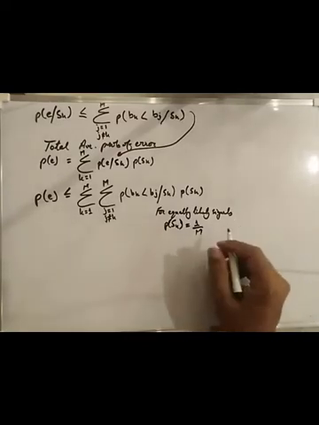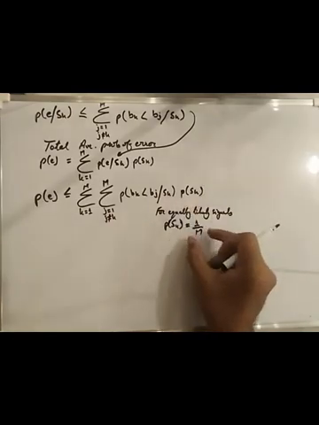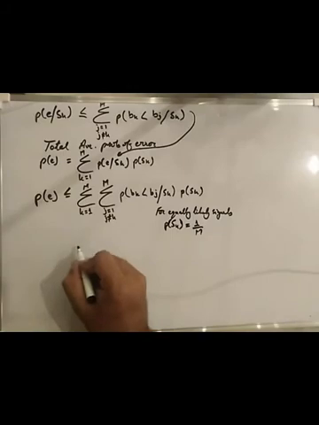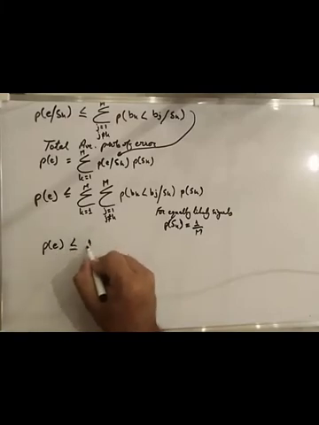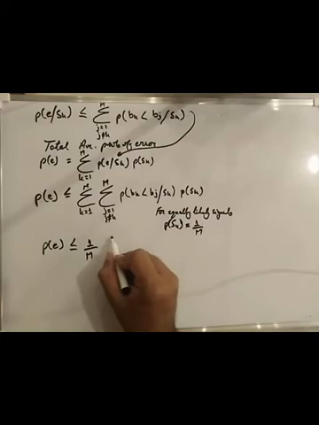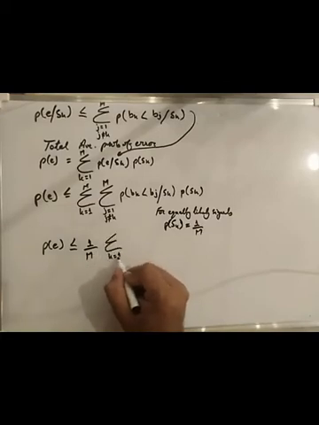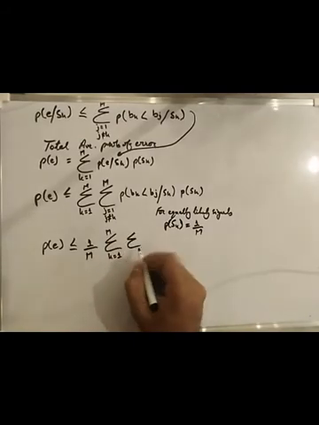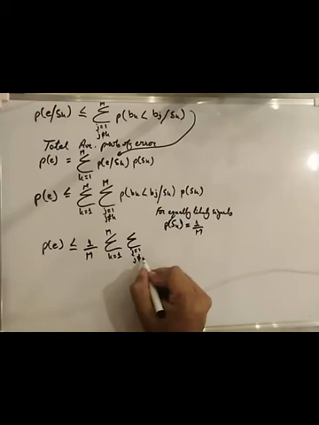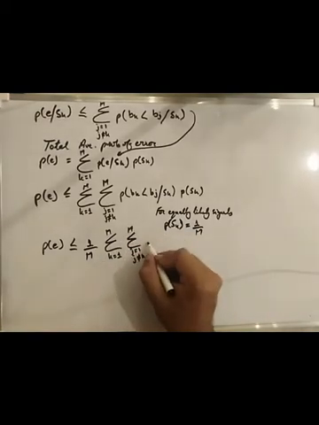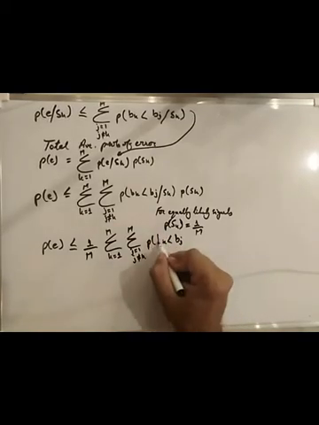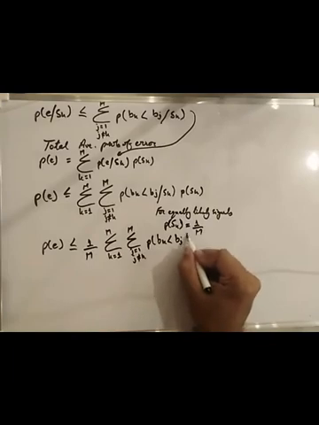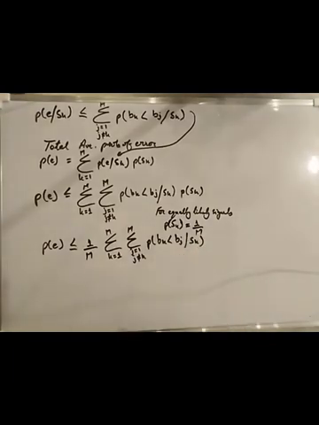For equally likely signals, this is assumed to be constant. It will be taken out of the summation, and we can write down probability of error as 1 over M times the summation, repeating the same expression as above, j not equivalent to k till M, of the probability of Bk less than Bj given signal class Sk.